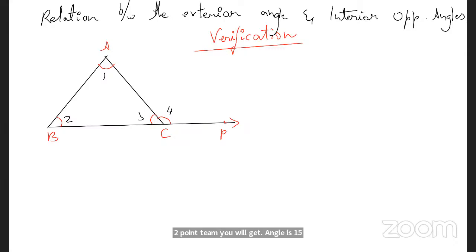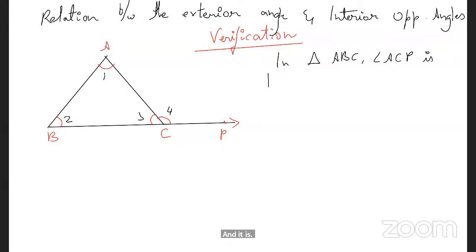In triangle ABC, angle ACT is the exterior angle.